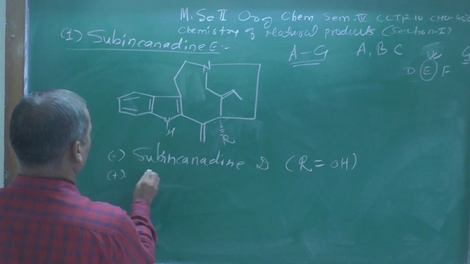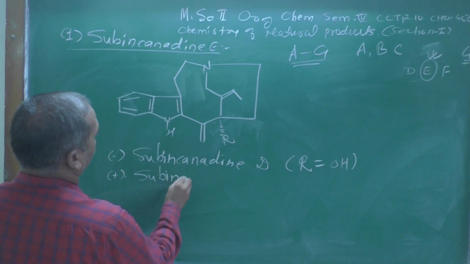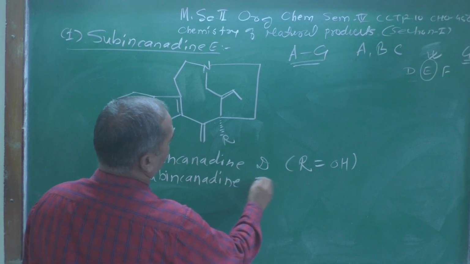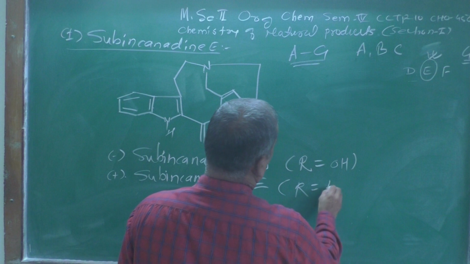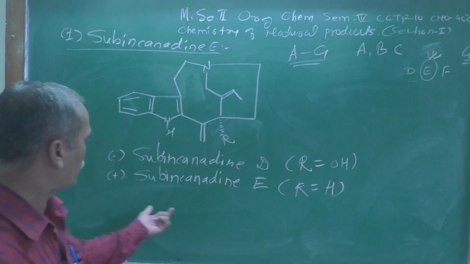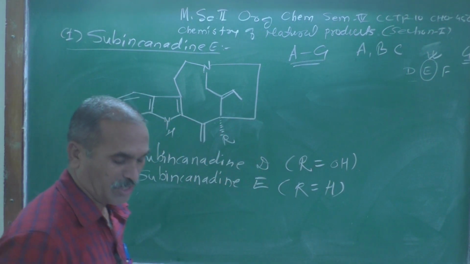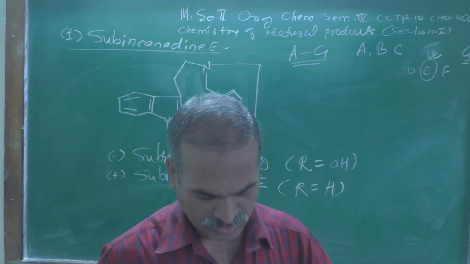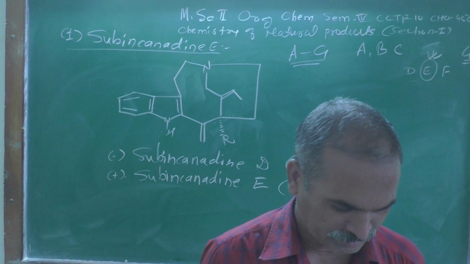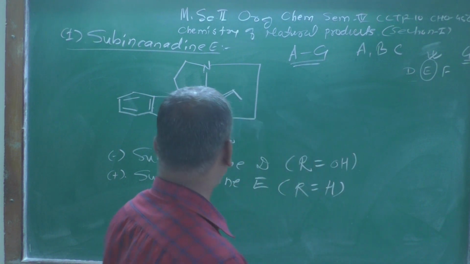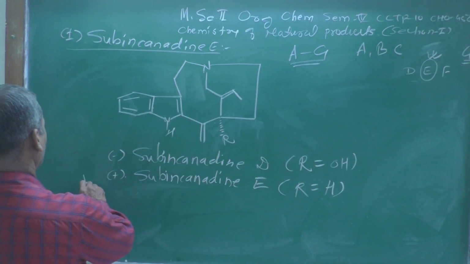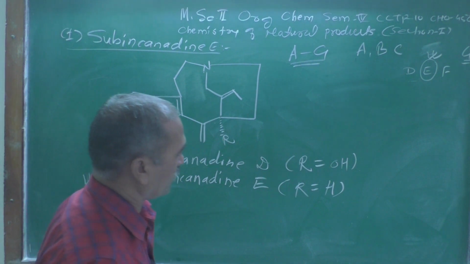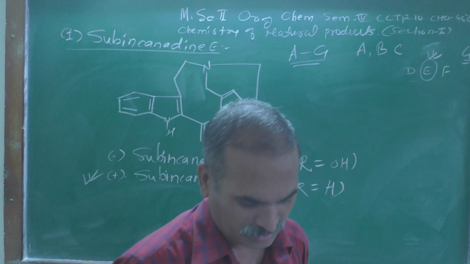Plus, this one is Subincanadine E, when R is equal to H. When R is equal to H, that structure is known as Subincanadine E. So that is the structure we have drawn over here, and our main focus is on that positive plus Subincanadine E, where R is equal to H.